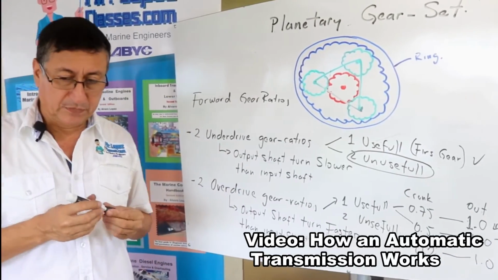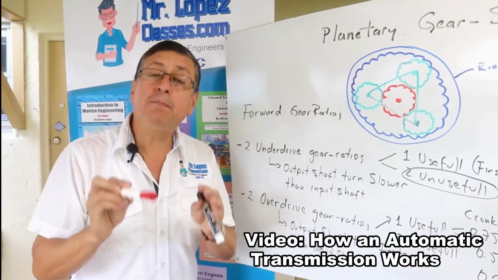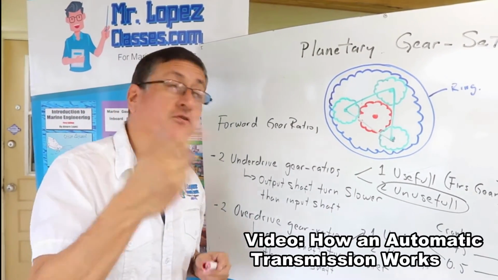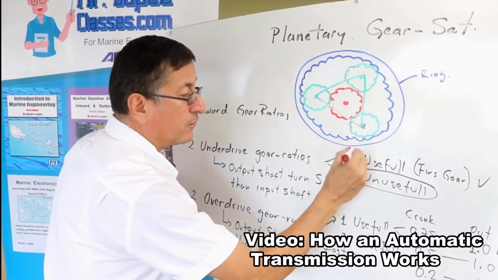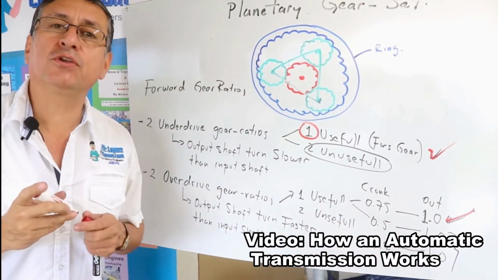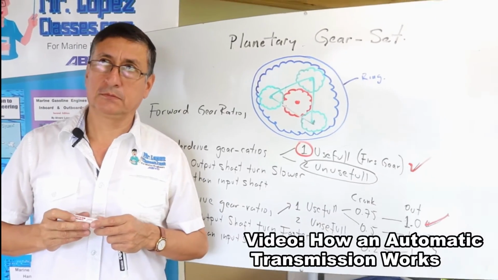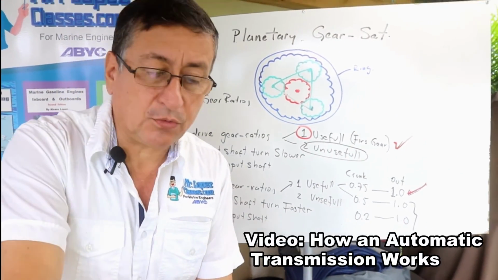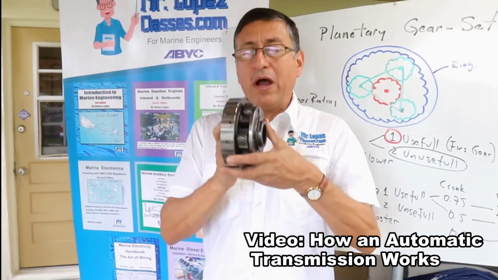In other words, in a typical planetary gear set, we have 2 gear ratios for forward and 1 gear ratio for reverse. For that reason, in a typical automatic transmission, you have one set.